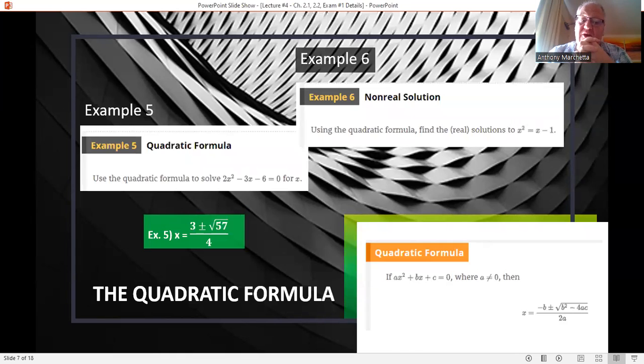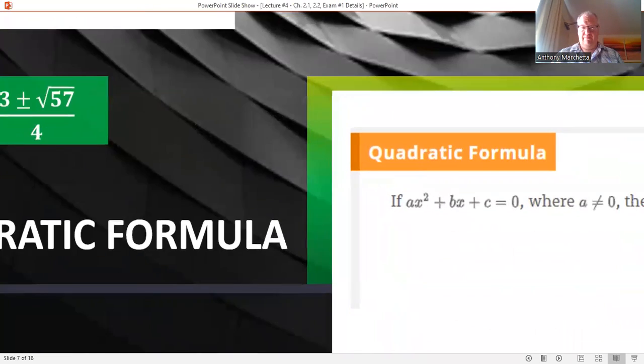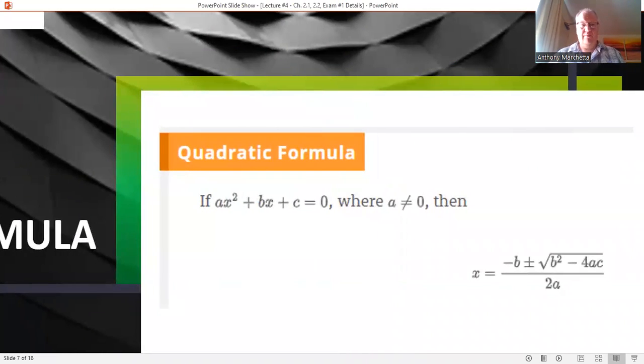If you did it using the quadratic formula, then when you got to this part, when you got right here, the thing under the root will wind up being something negative.